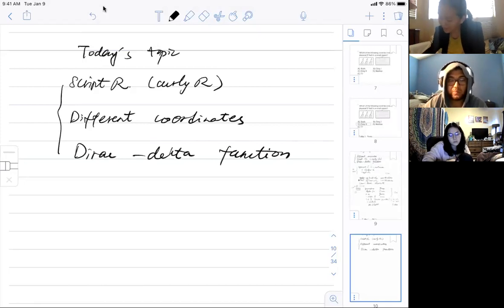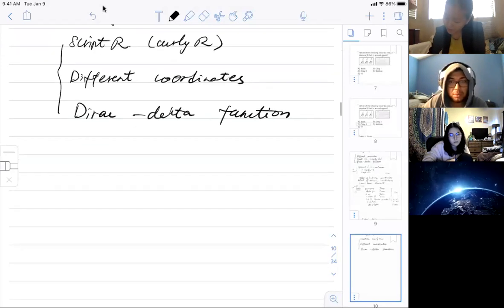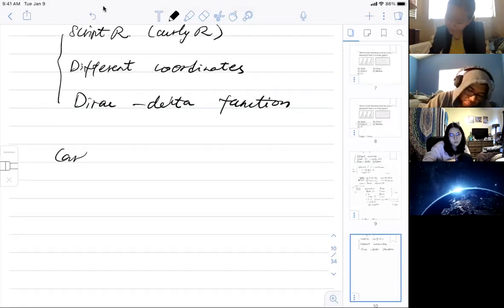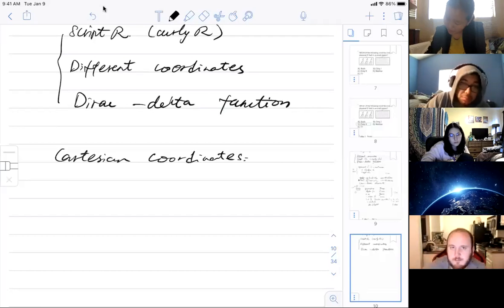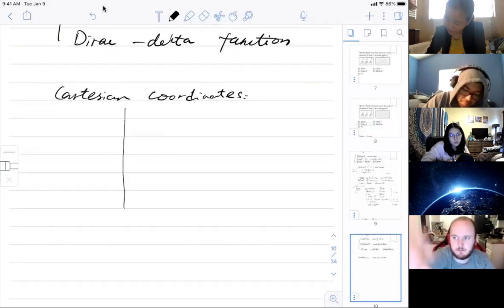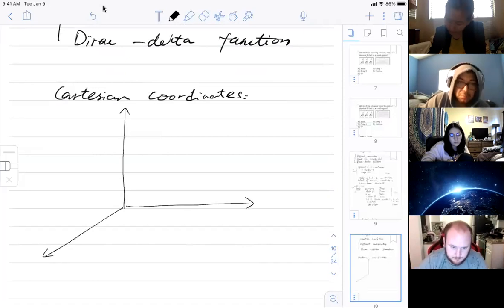Okay. All right. So first of all, let's simply draw a Cartesian coordinate. So I have the x, y, and z here.